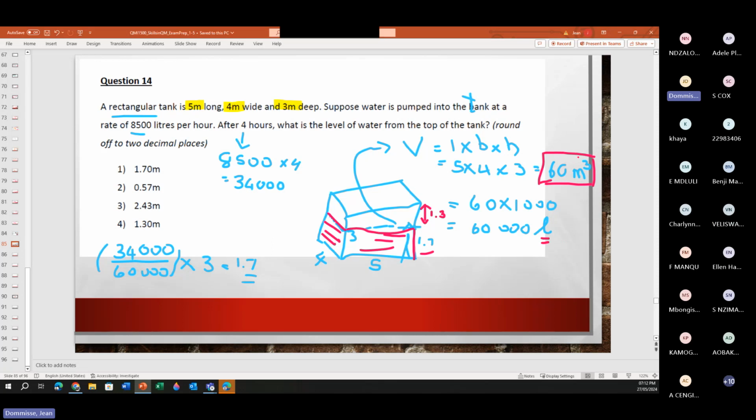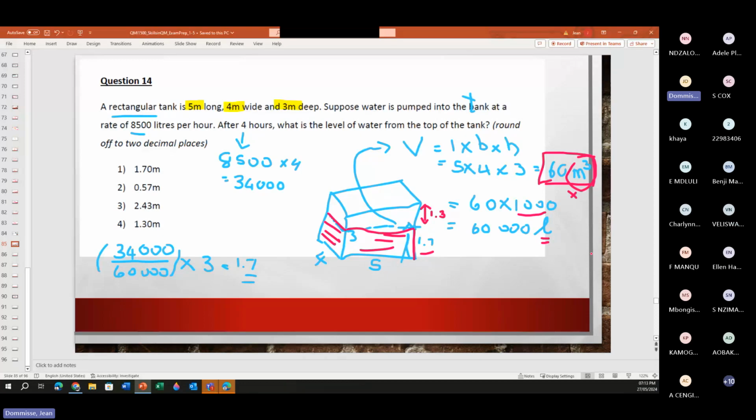For us to convert meters to liters, we need to multiply by 1,000. Oh, okay. So that is where that comes from.